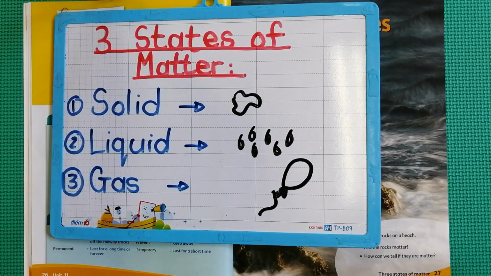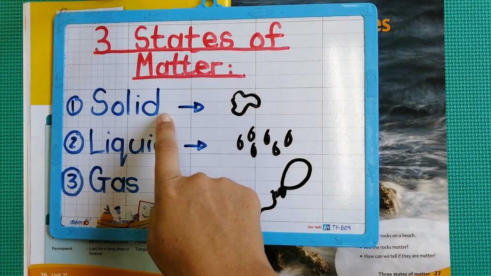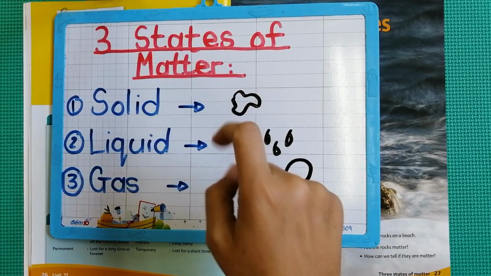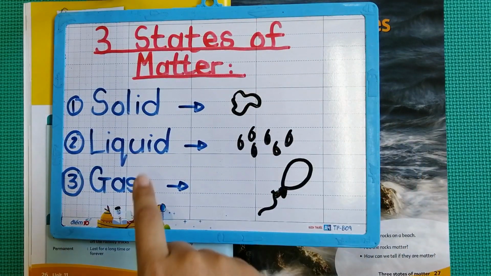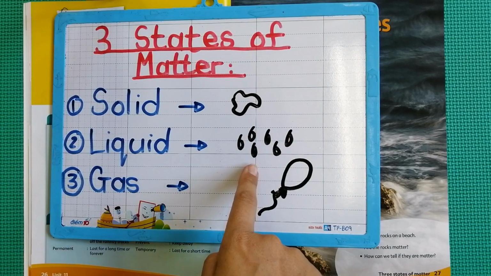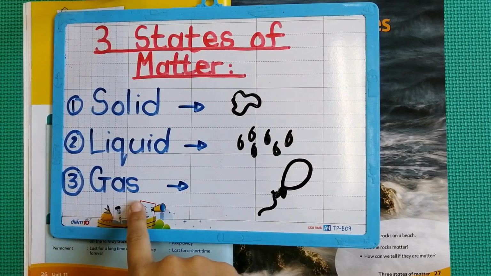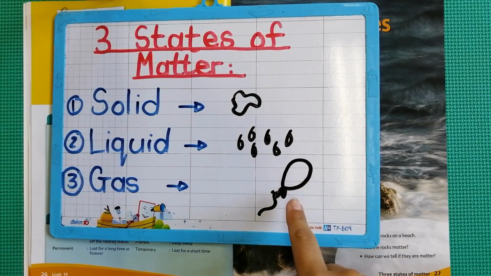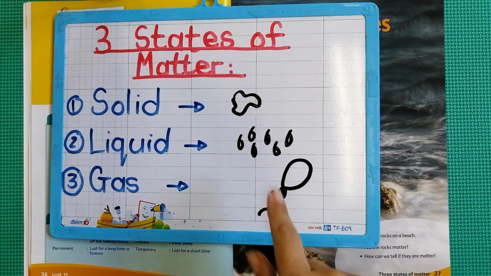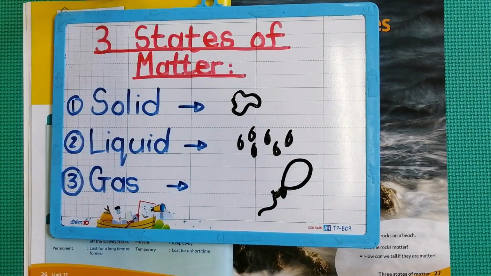The first state of matter is solid, like a pebble or a little stone. Liquid, okay, water, milk, any kind of liquid. And gas. Now I know a balloon is not gas, but it's the air inside the balloon that is gas.